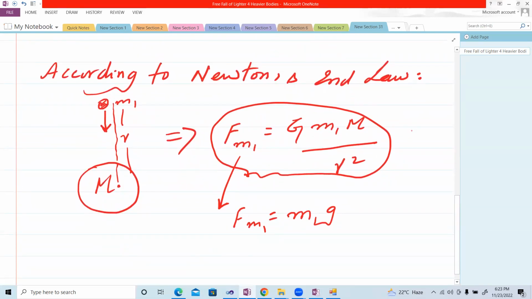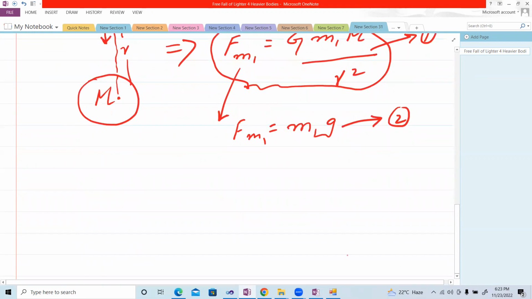So by equating the right sides of equation 1 and equation 2, we get m1 g equals G m1 M over r squared.